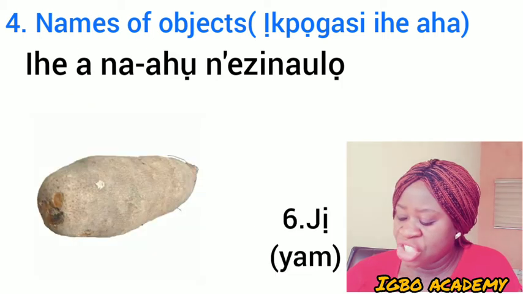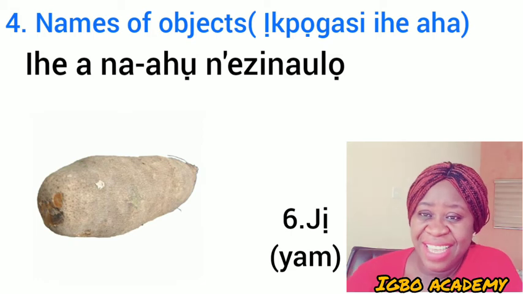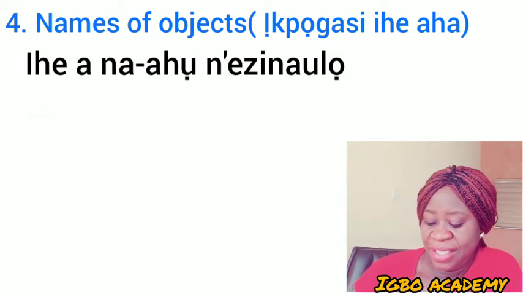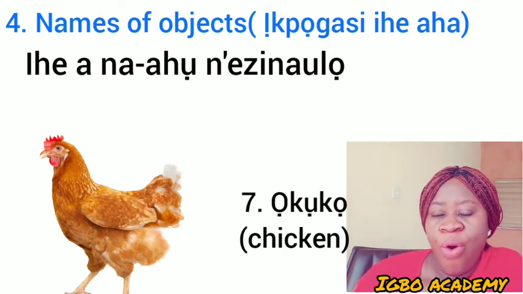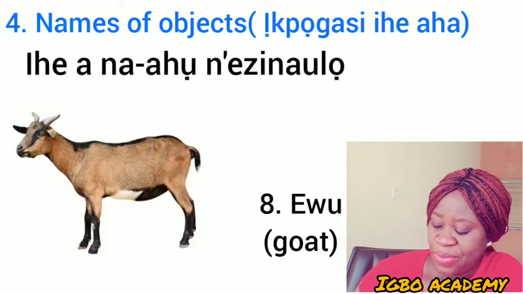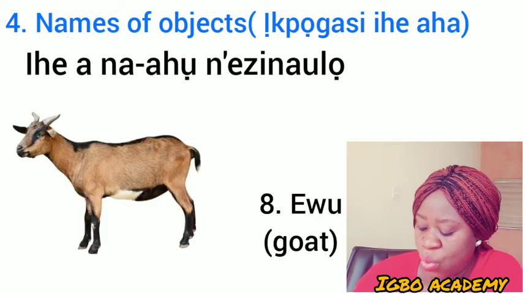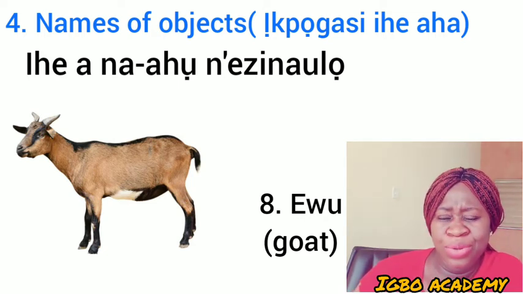Then we have G, is yam. They are the things you can see at home. Then you have okoko. Okoko is chicken that you see around in your compound. Then you have ewu. Ewu is goat.